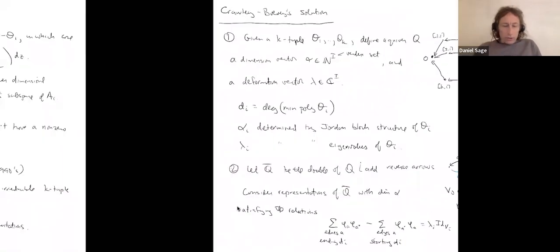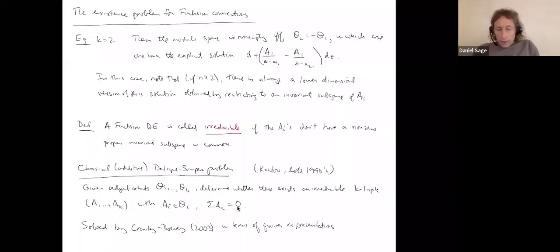Let me mention just one thing here. The original Deligne-Simpson problem was the multiplicative version, where one took orbits in the group GLN(C), as opposed to the Lie algebra, and then looked for irreducible k-tuples, just as here, except now the sum of the Ai equals 0 condition is replaced by the product of the Mi equals the identity.